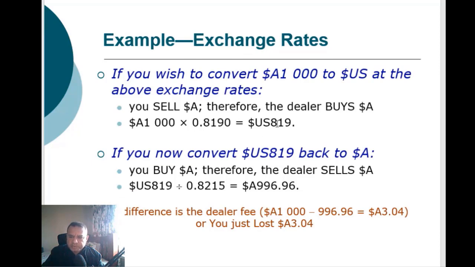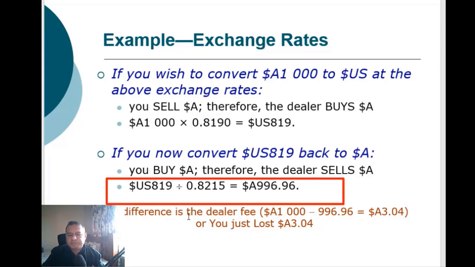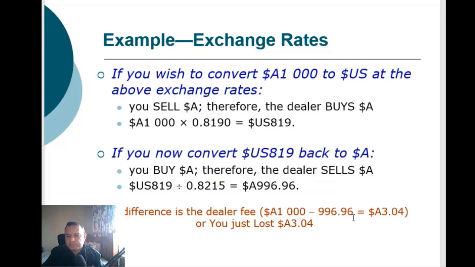So you just converted $1,000 to 819 US dollars, and now you're converting it back to Australian dollars. So 819 divided by 0.8215 will be equivalent to A$996.96. The difference is the dealer's fee. So $1,000 minus 996.96 is $3.04. That is your loss: you just lost $3.04 because of this transaction.